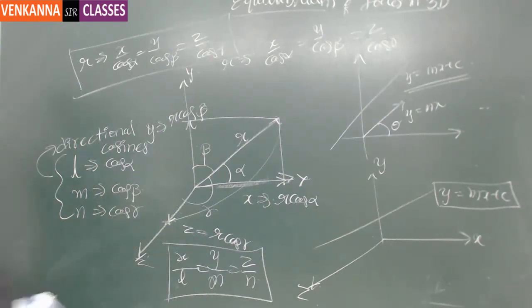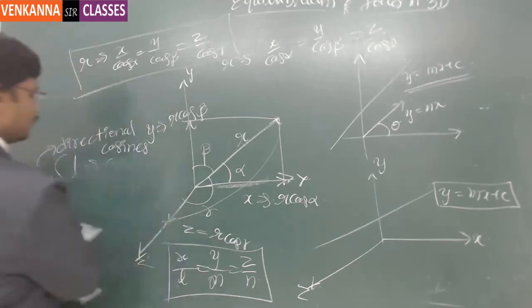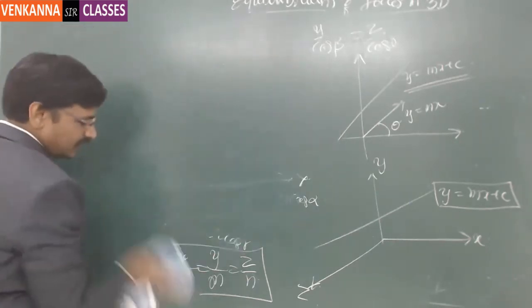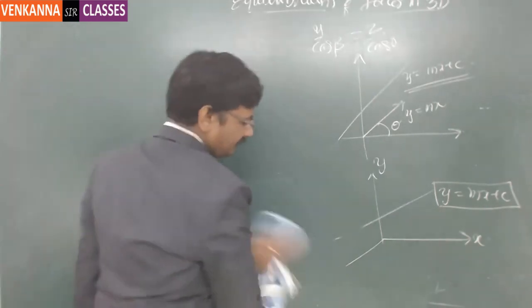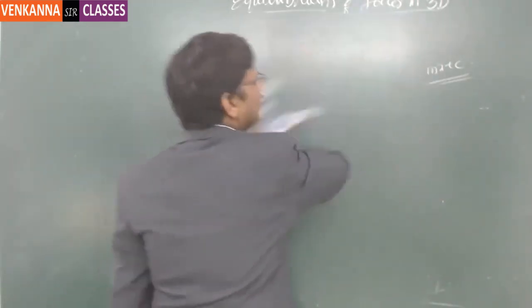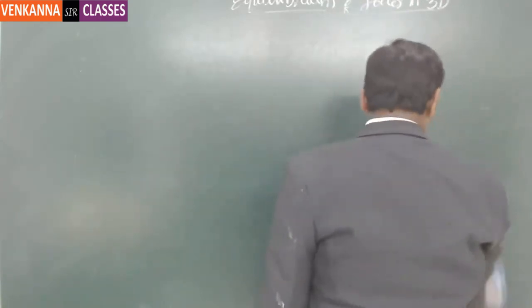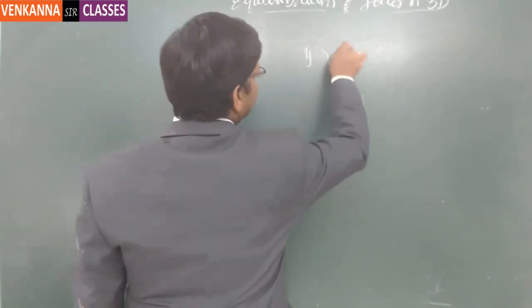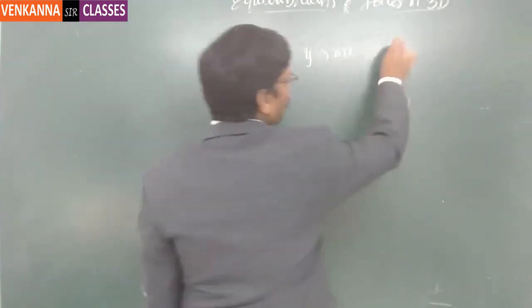Okay. Now I will try to correlate these two equations so that you will get a better understanding of why this equation is correct. We have calculated the equation for the line which is passing through the origin. Now y is equal to mx is the equation of the straight line in case of 2D.